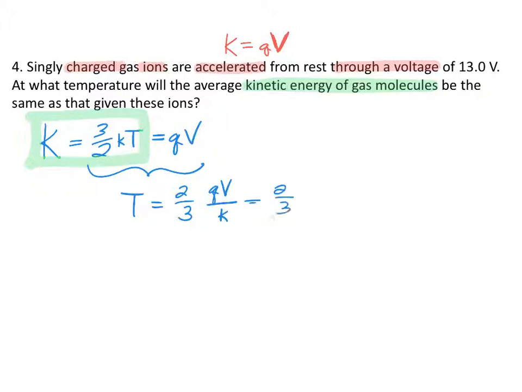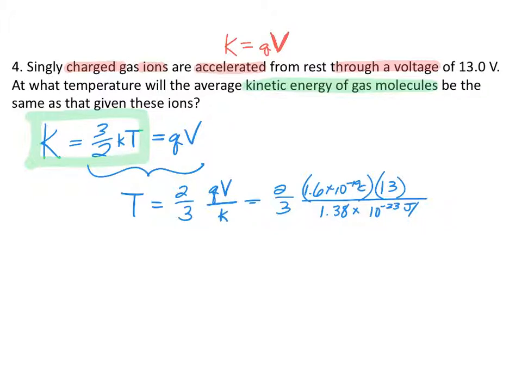So 2/3 times the charge, which is just individual ions, so 1 times 10 to the minus 19 coulombs. Voltage, just 13 volts. And the Boltzmann constant is 1.38 times 10 to the minus 23 joules per coulomb.